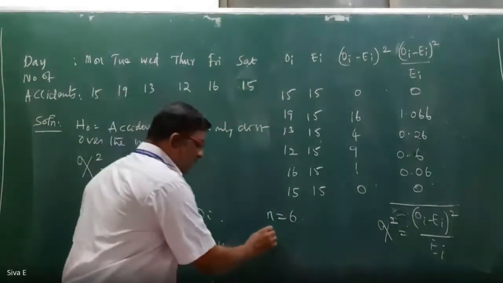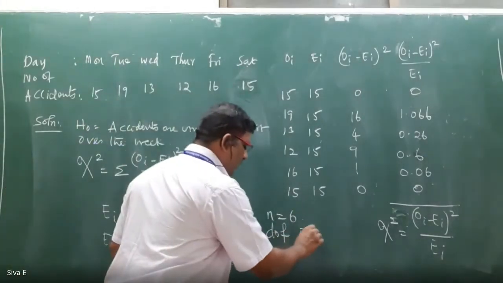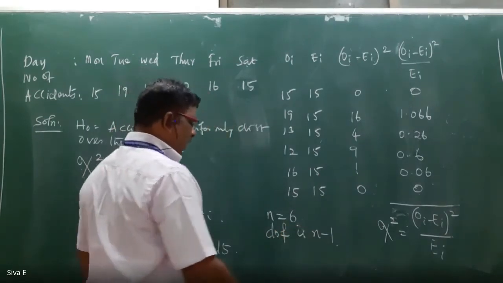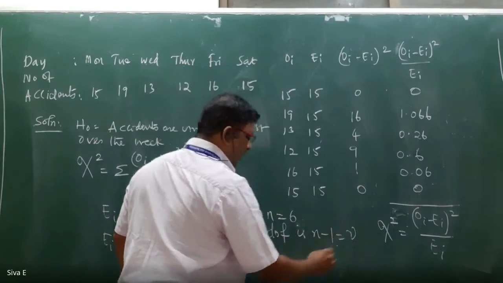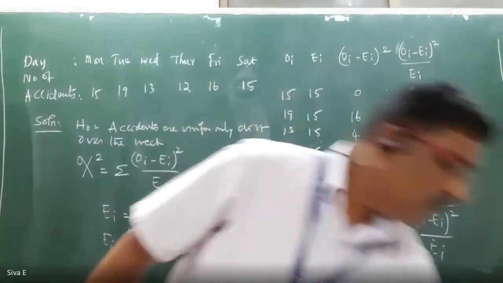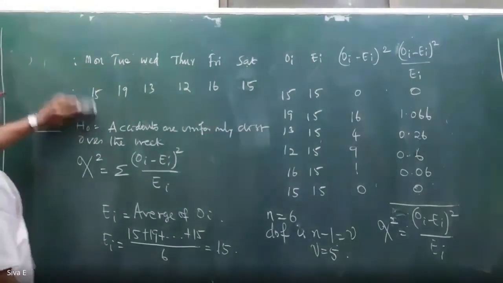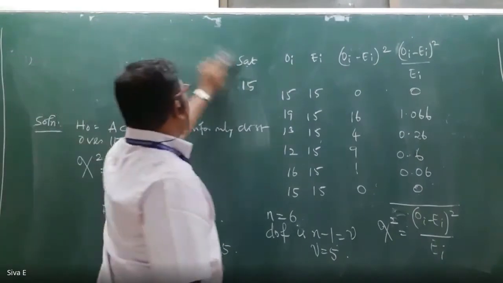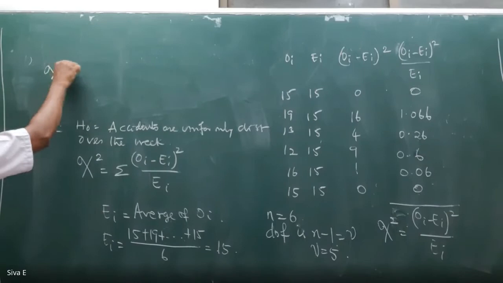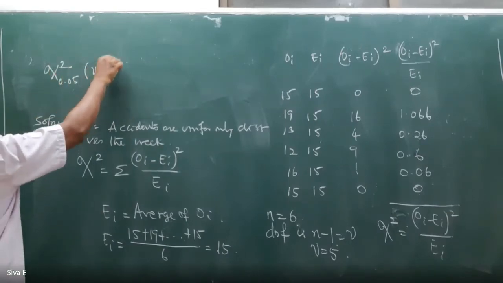Degrees of freedom is n minus 1, denoted by nu. Here, nu equals 5. Then, how to write the table value? Chi square 0.05 for nu equal to 5.